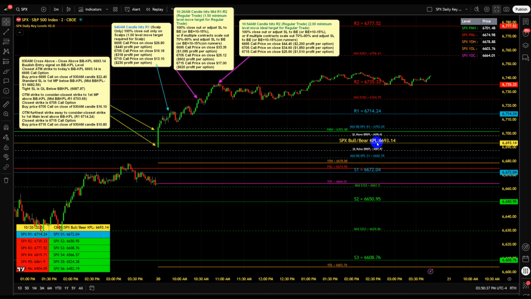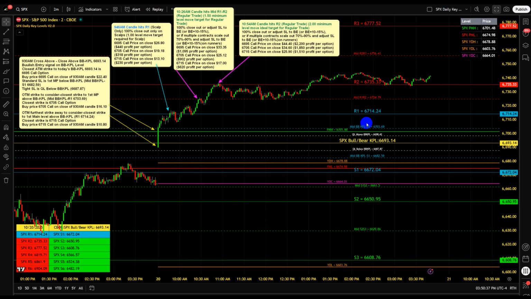The meaning of these levels are primarily, at the beginning of the session, take profit levels for bullish or bearish trades that are derived and triggered from the bull bear key price level.